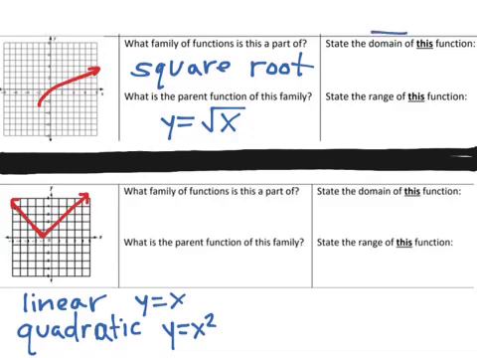So domain is how far we can go left and right and still find a point. Well, as far as we go to the right, since this is extending to the right, we can always find a point out here. If we were to go way out over here, we could still go up and find a point right there. How about left? We can still find one there, but we can't anywhere past there.